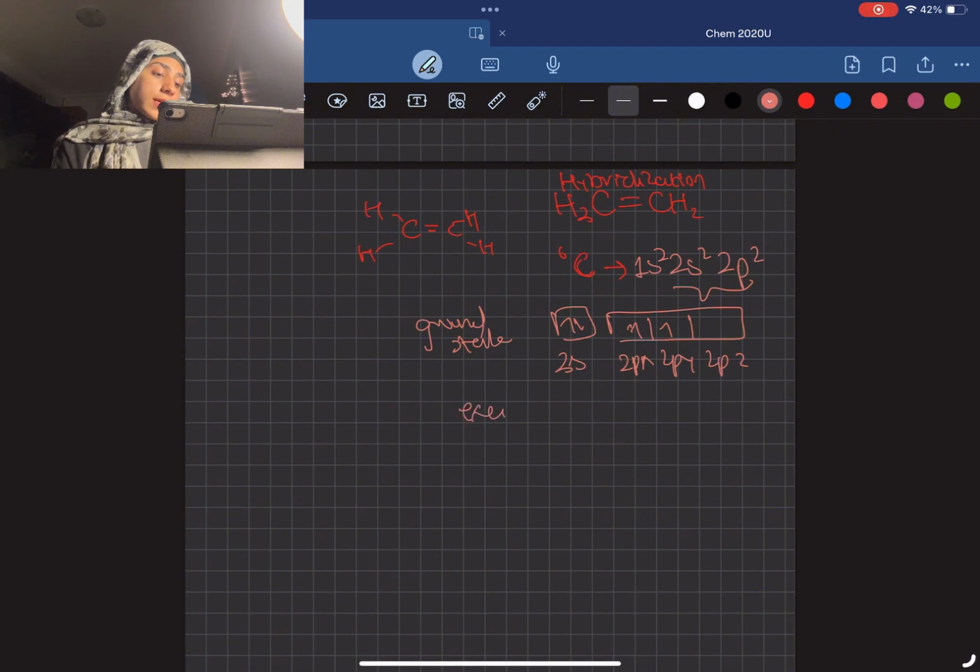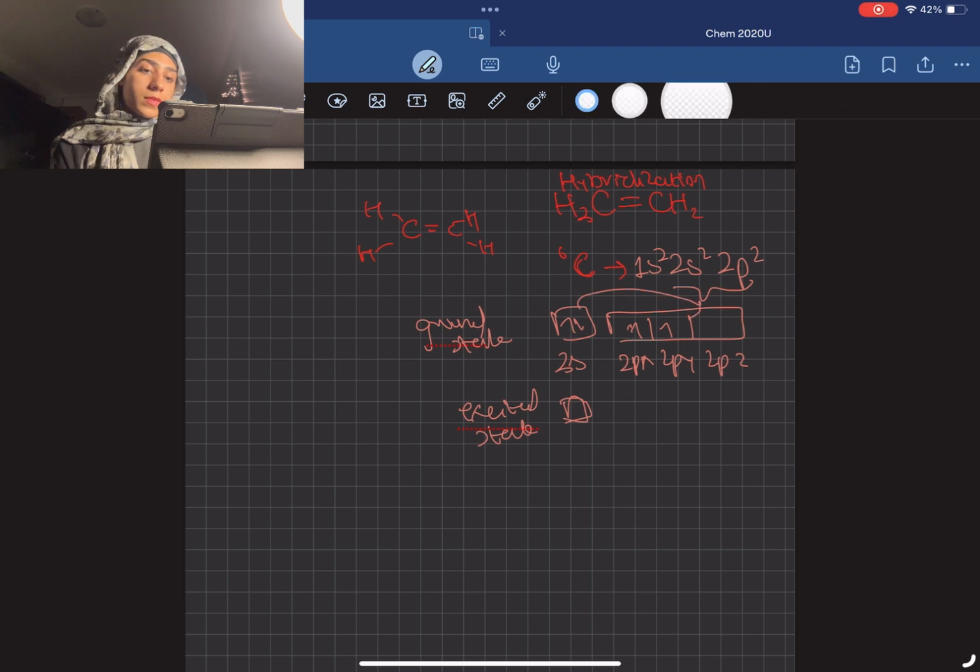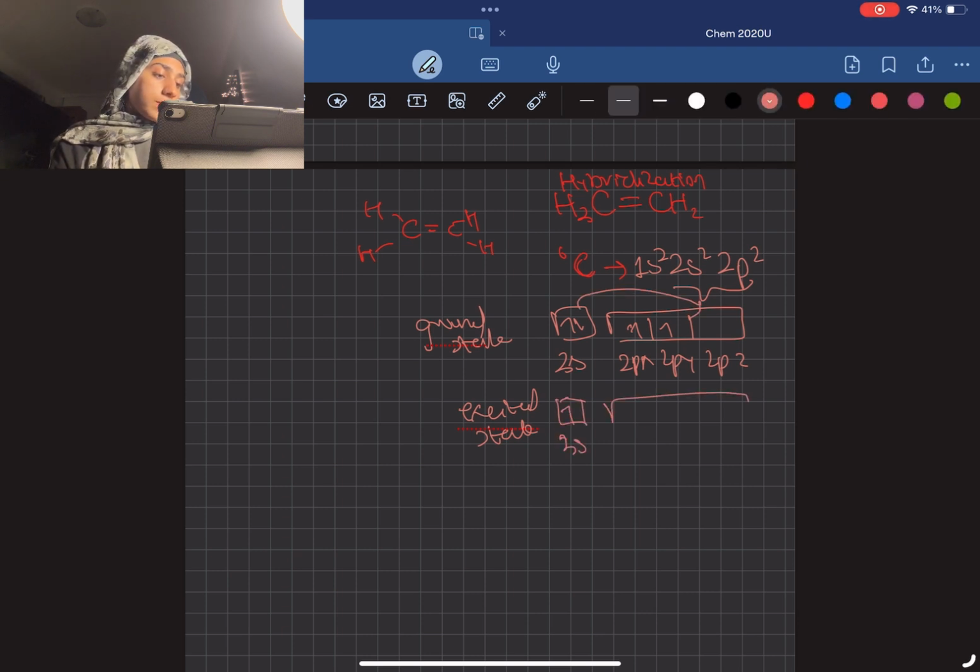For this example, I can actually make an excited state. So that would mean that 1 electron from my s orbital is going to go to my 2pz orbital. So we'll have 1 electron left. 1, 2px, 2py, 2pz.